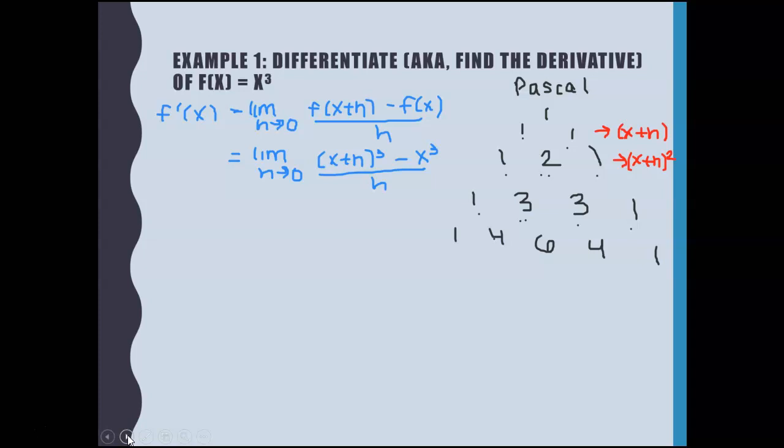If I were to expand the cubic, x plus h cubed, my coefficients would be 1, 3, 3, 1. Where the exponents go high to low and low to high. So let's look at the expansion of x plus h cubed, since that's going to be helpful in this problem.